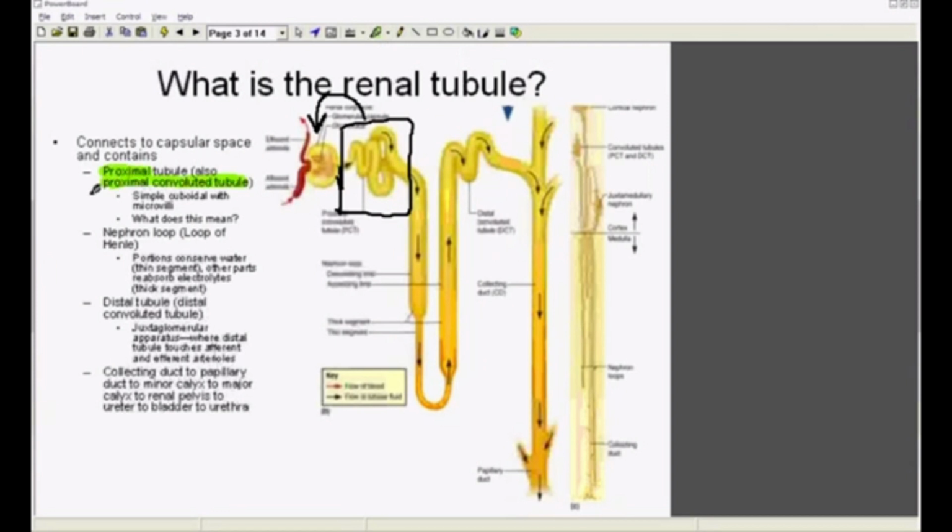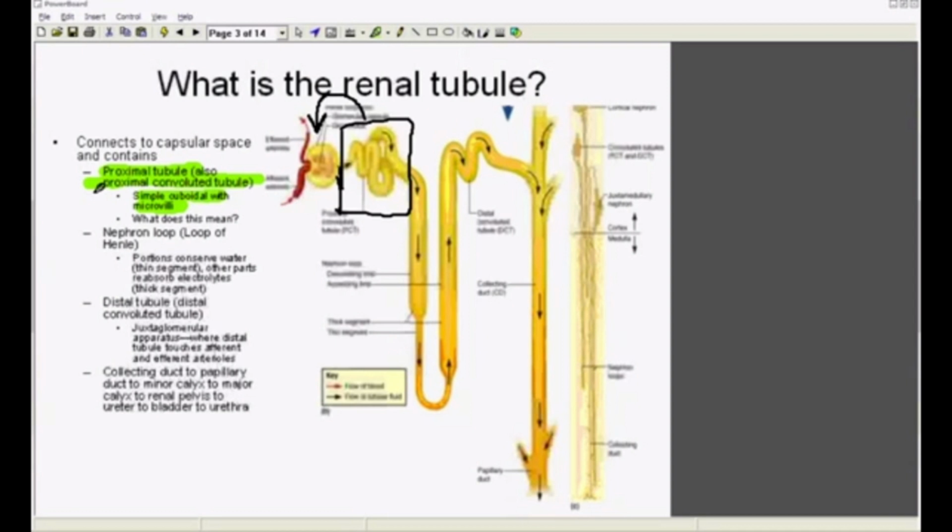Convoluted meaning twisted. You can call it proximal tubule for short, but the full name is proximal convoluted tubule, or PCT. And this is lined with simple cuboidal epithelial cells with microvilli. What that really means ultimately is if I have microvilli, I'm really good at absorbing things. We will talk about why that's important later.